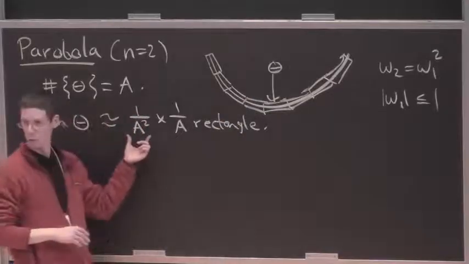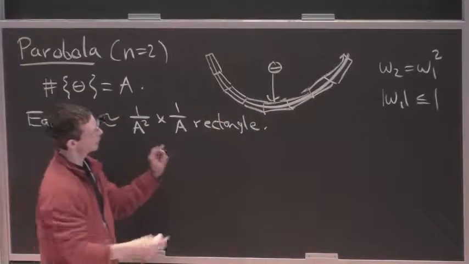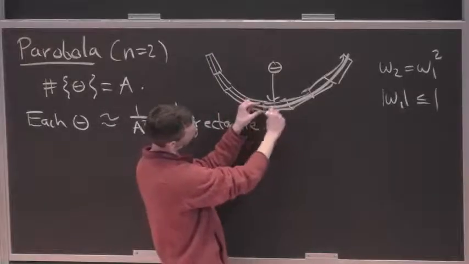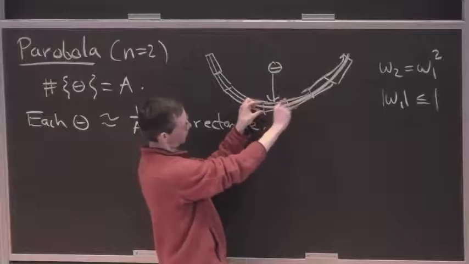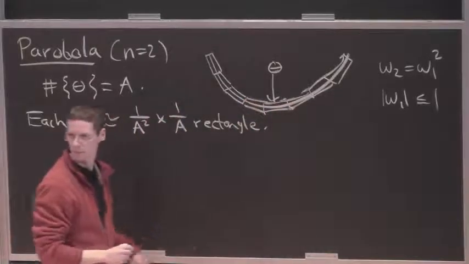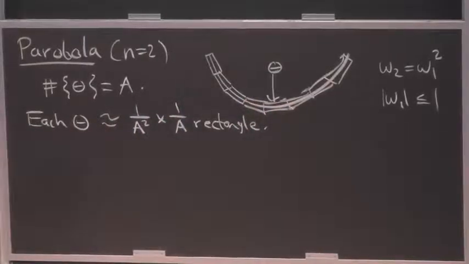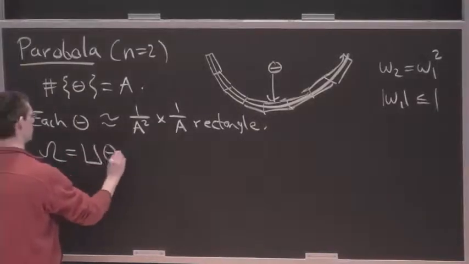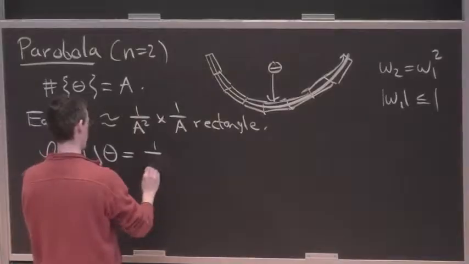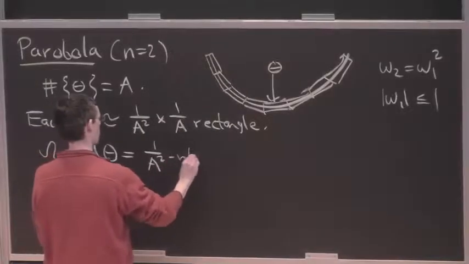And the reason that this width is 1 over A squared is that there's a bit of curvature in the parabola, and 1 over A squared is the width that I need for the rectangle to cover the parabola. And when I put these all together, my region omega, the union of theta, is essentially the 1 over A squared neighborhood of the parabola.